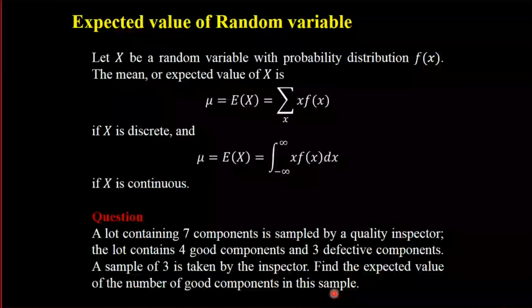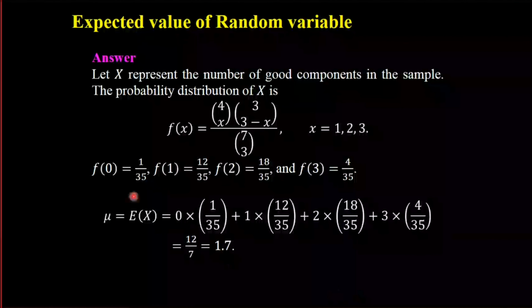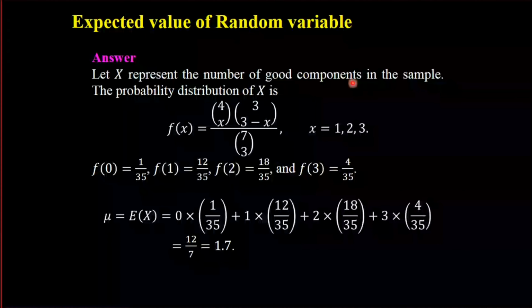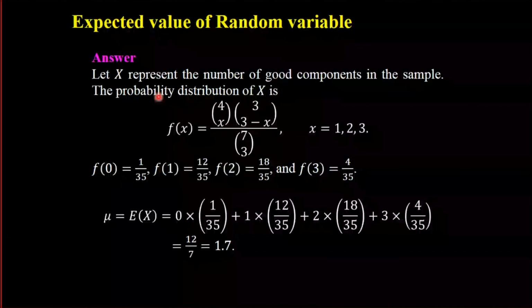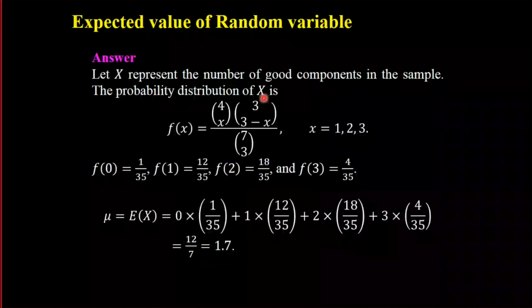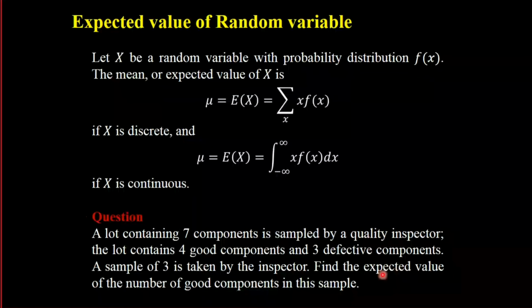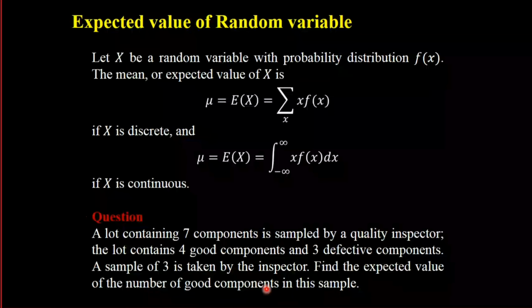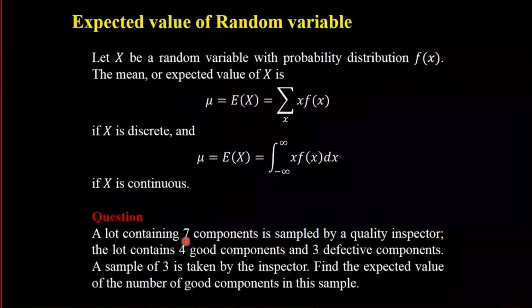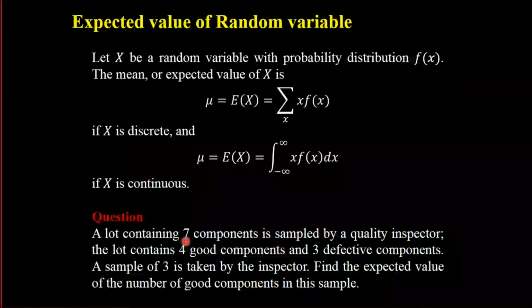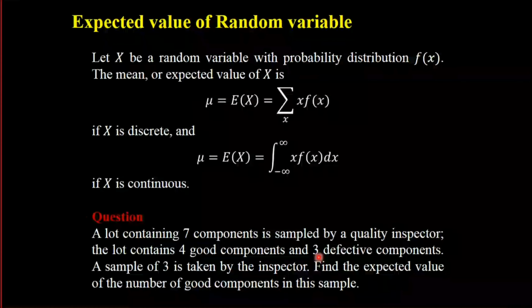Now how to solve? Let us see. If we write X as the number of good components in the sample, then what is the probability distribution of X? There are 7 components, 4 good and 3 defective. We are concentrating on good only.